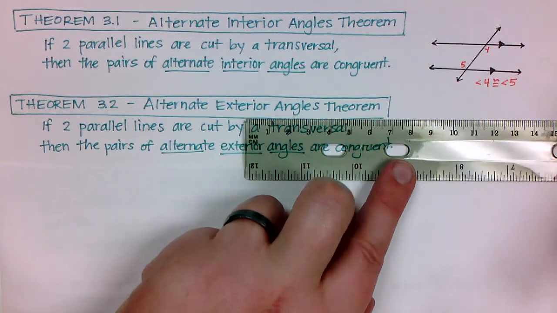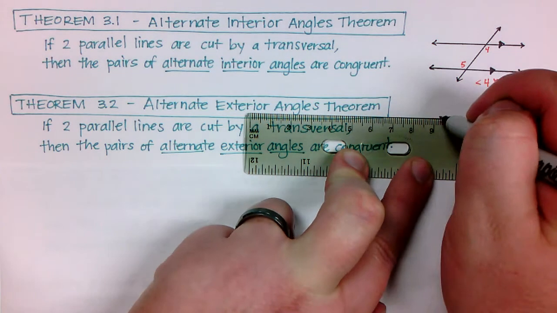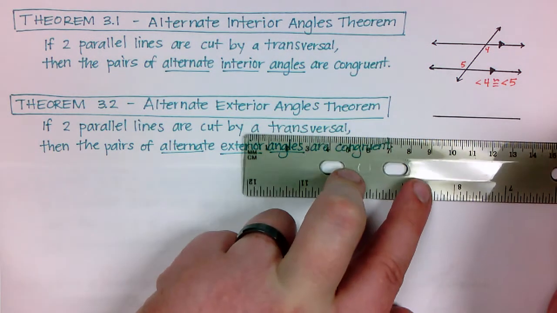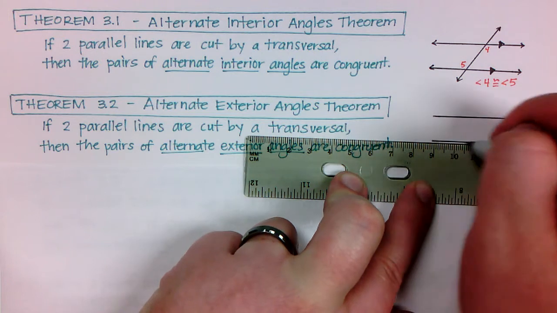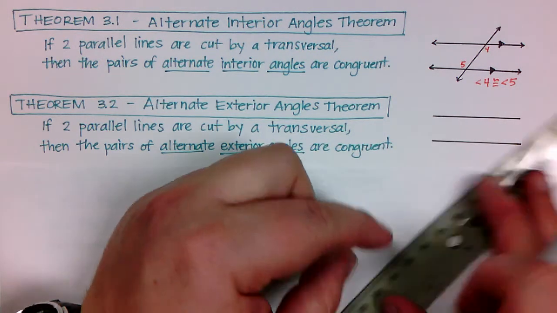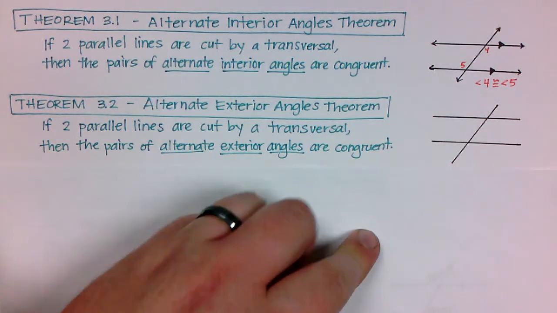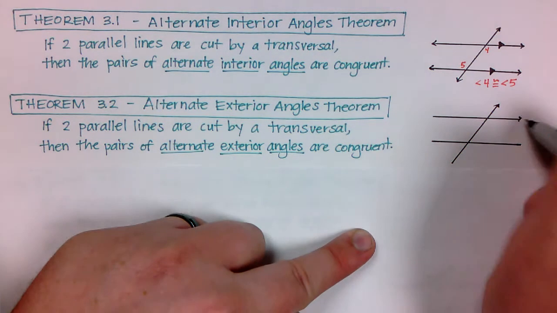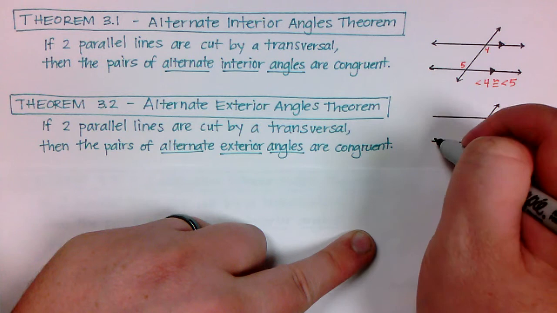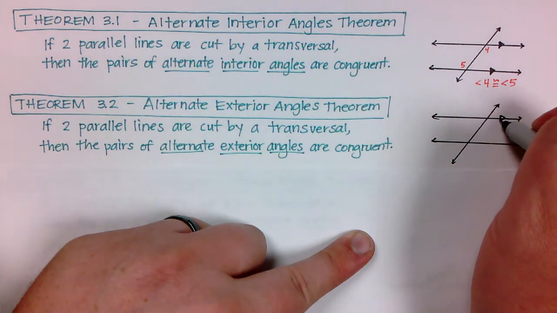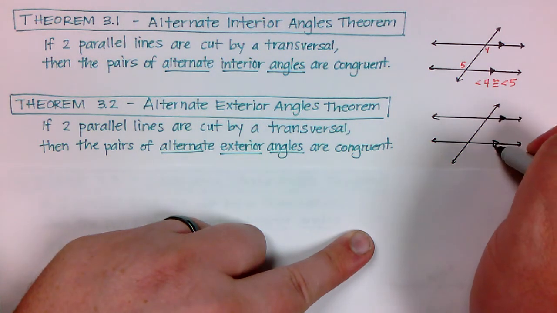So let's draw for ourselves another diagram. Let's draw two parallel lines and a transversal. I need to show that they're parallel.